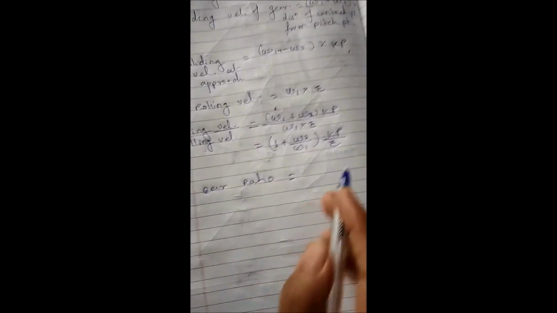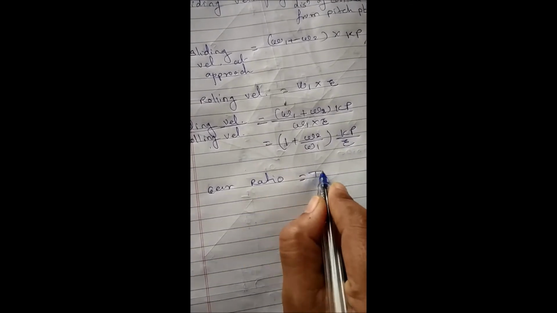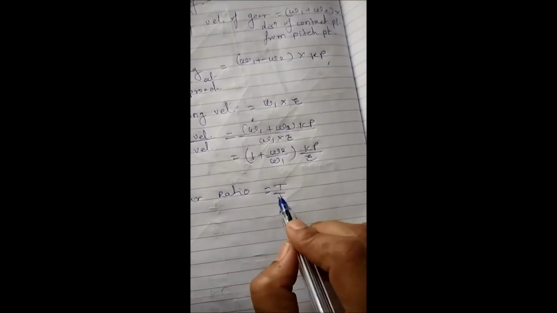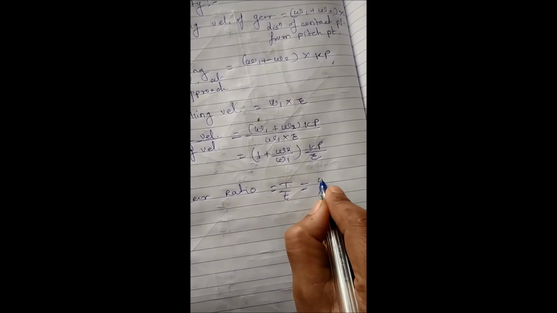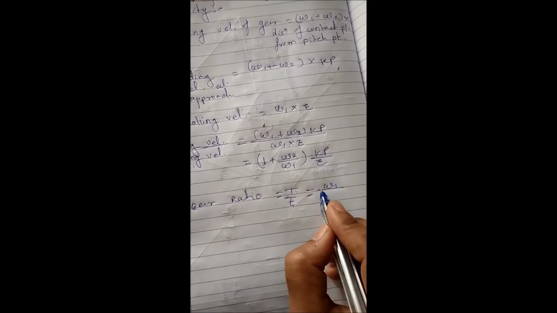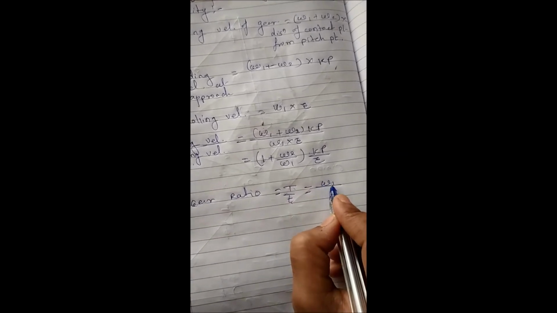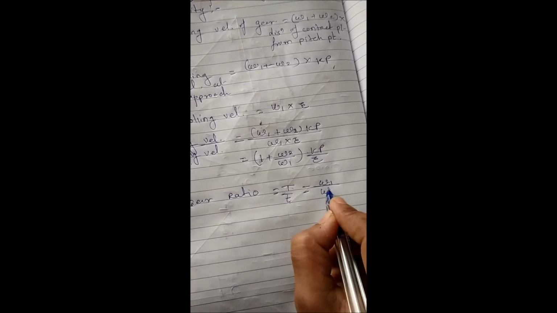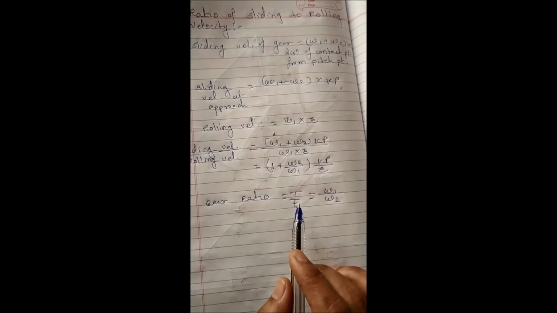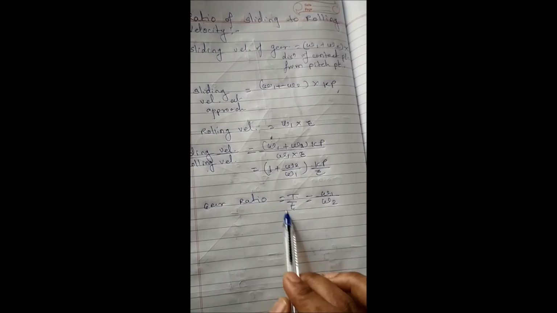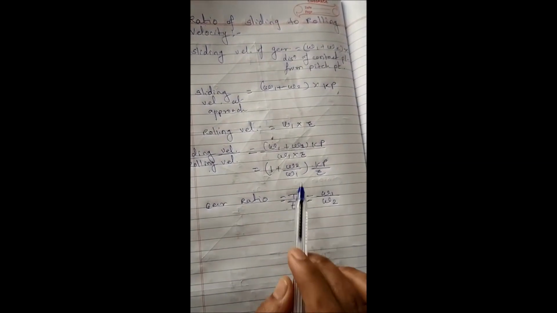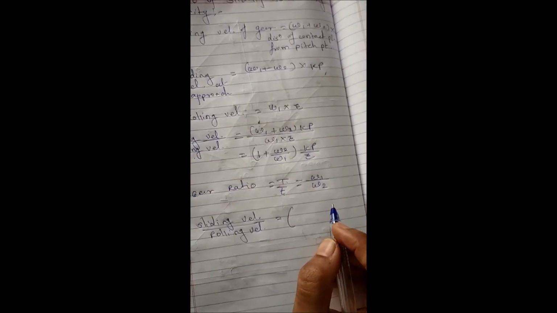But we know that the gear ratio is equal to capital T upon small t, the number of teeth of the gear to the number of teeth of the pinion, or in terms of angular velocity, that of the driver, the pinion, to the gear. So using this ratio, let's put the value of t instead of omega.